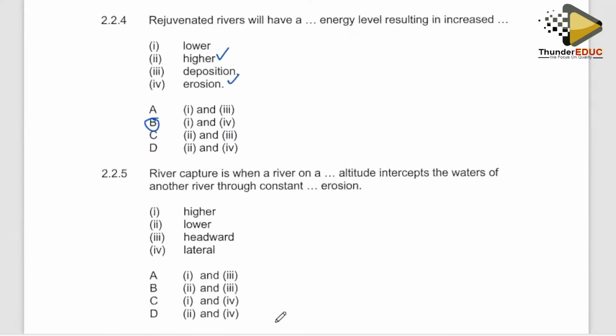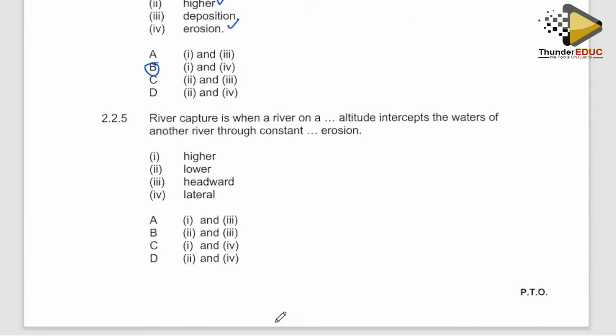Right, move on to the next question. A river capture is when a river on a lower altitude intercepts the waters of another river through constant headward erosion. We understand a river which is more energetic is a river flowing at a lower altitude, advancing towards the watershed to reach another river at a higher level.